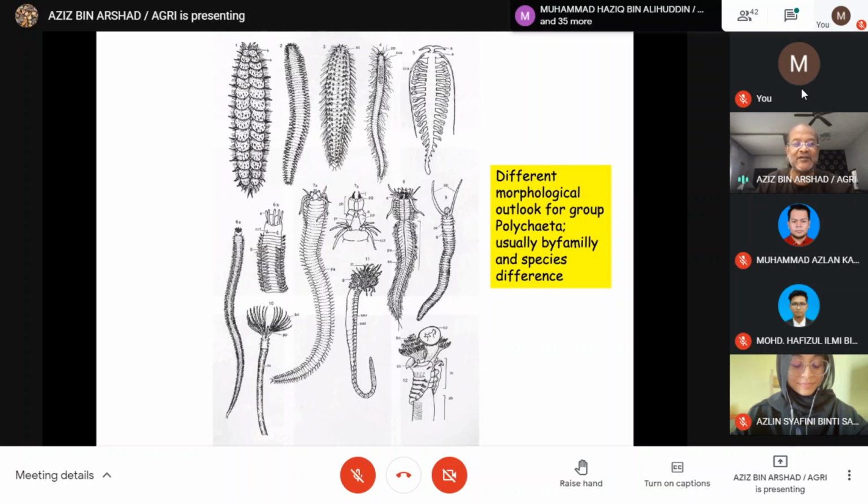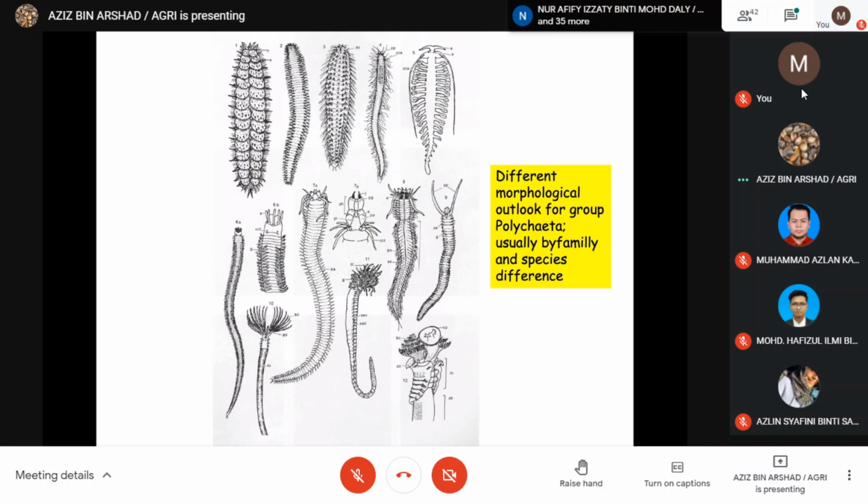And these are slides of the different morphological outlooks for class Polychaeta. The difference is usually influenced by the family and also the species difference. I've been trained into this, and I've been in polychaete taxonomy for 30 years.